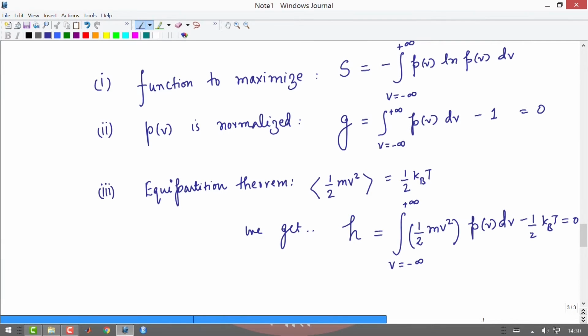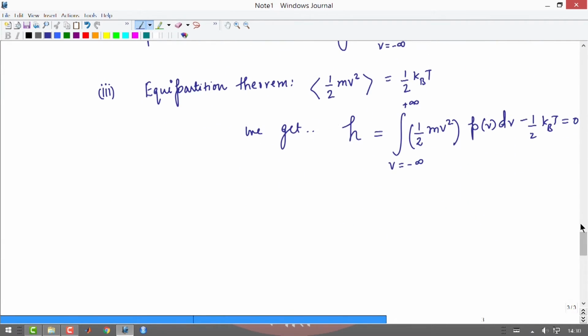Okay. So, the average value of any function of v is nothing but this integral, and this quantity is nothing but the average value of half mv squared. Okay. So, that is what I have written here.